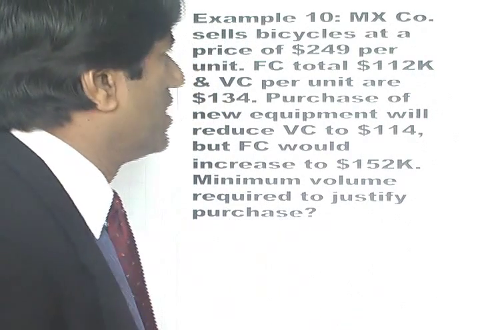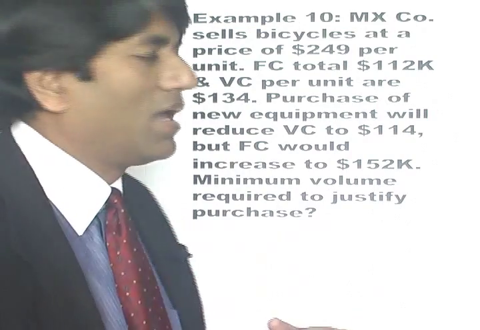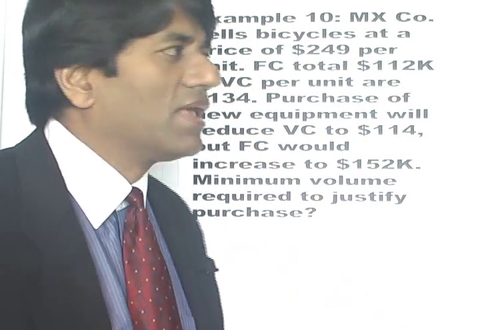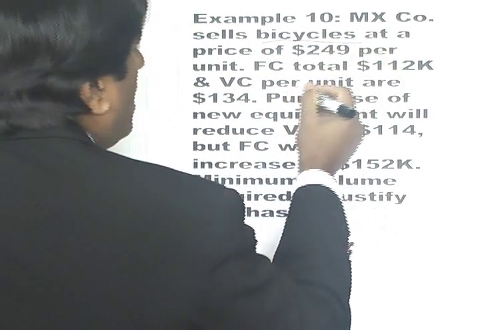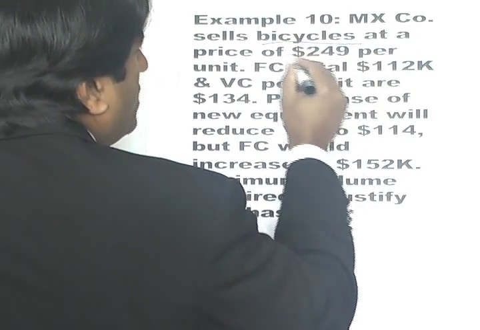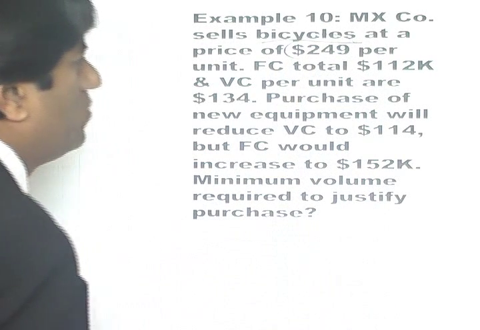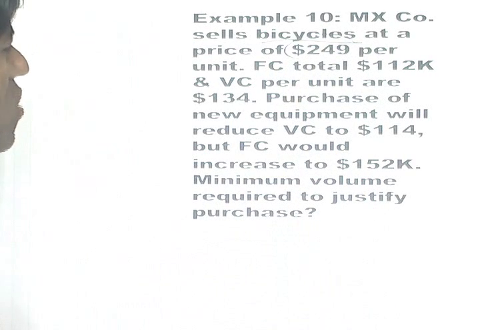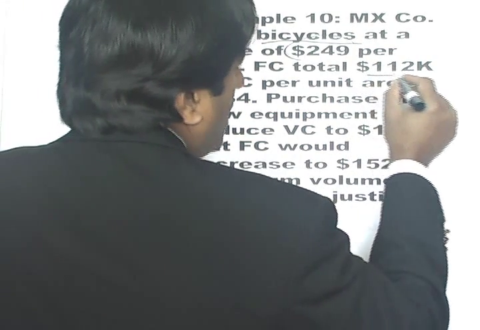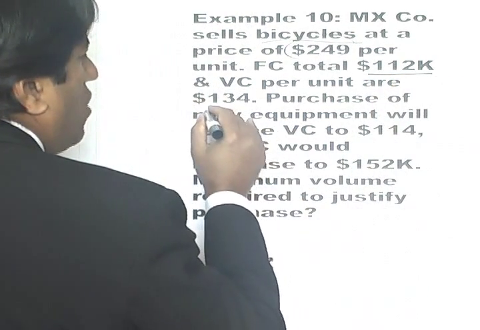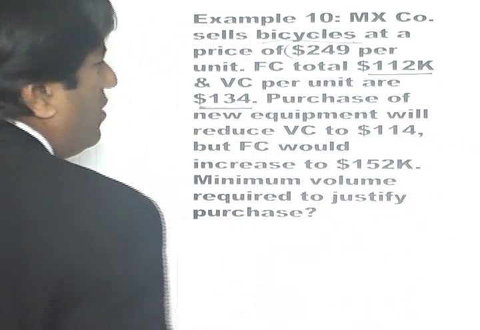Here we have another question about profit maximization, which is again cost related. We have a firm which sells bicycles at a price of 249 per unit, and the fixed cost totals 112,000, and the variable cost per unit is 134.